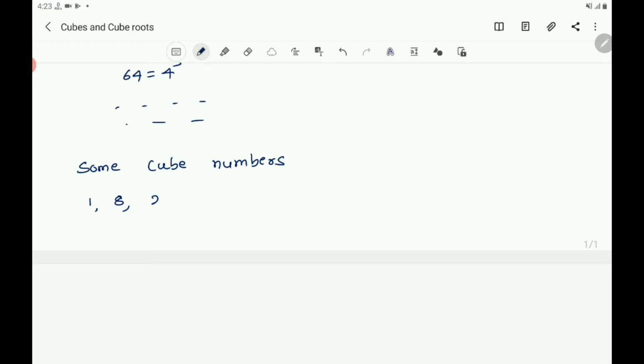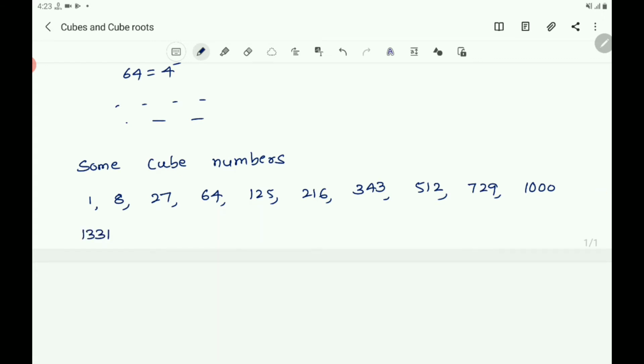Next 8, 27, 64, then 125, 216, 343, then 512, then 729, 1000, and also you can write 1331, 1728, 2197, 2744, 3375, 4096, 4913, and 5832.